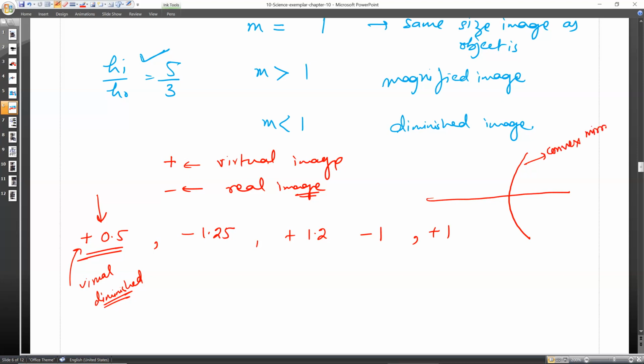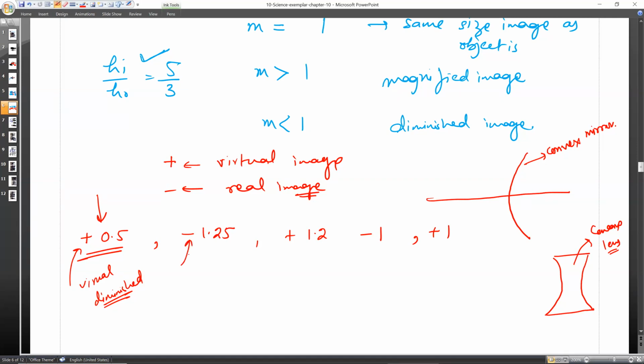And if it is a convex mirror, then you need to keep in mind that whatever a convex mirror is going to form, the same thing is formed by a concave lens, sorry, concave lens. Okay. Now tell me this one.